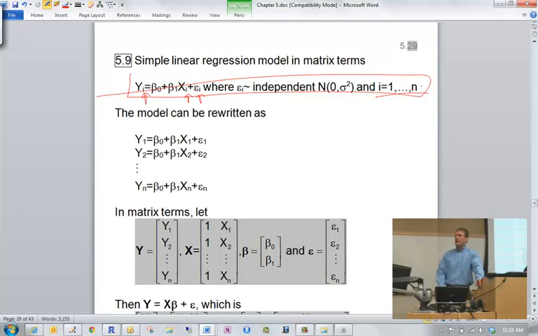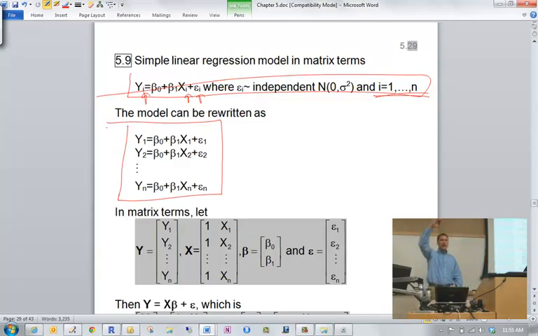So if I take a sample size of n, this is how our model is represented in terms of what we think of as the relationship in the population for these n elements of my sample. Since I go from i equal 1 to n, I could just write out the model like this instead, where I iterate out from 1 to n all the different possibilities.